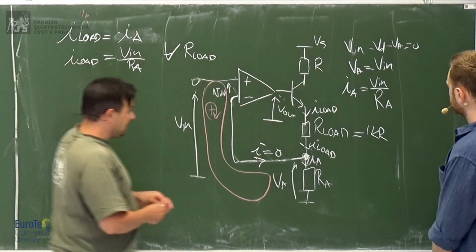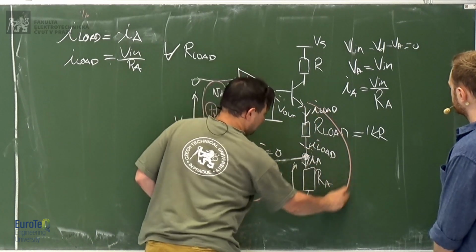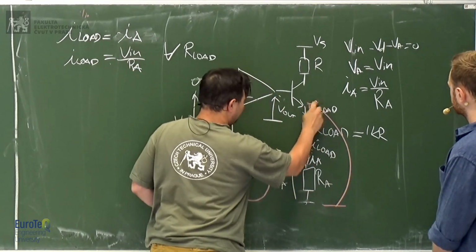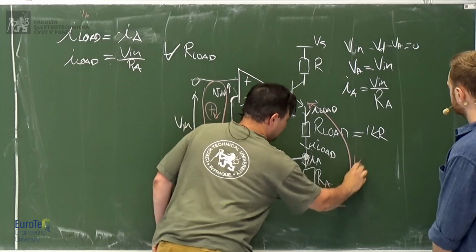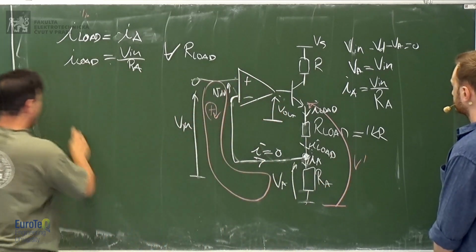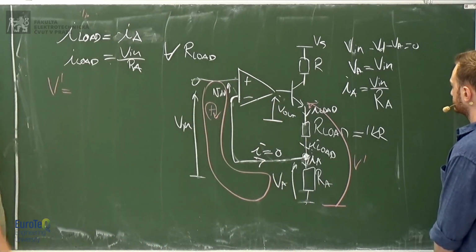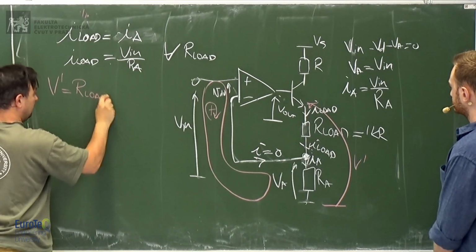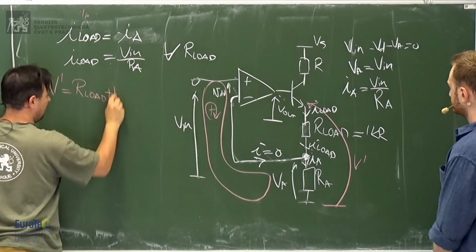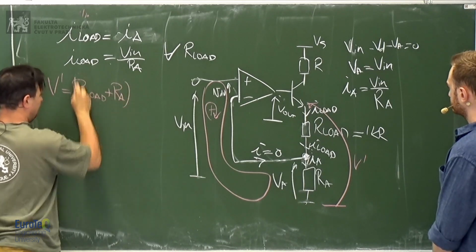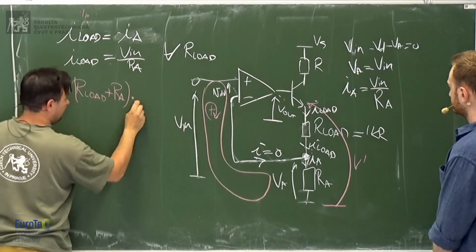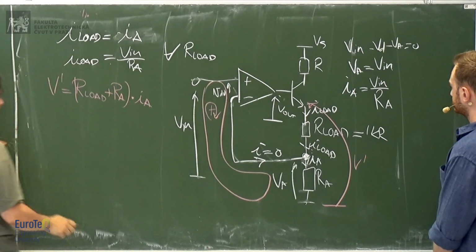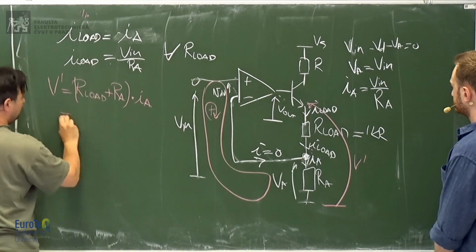In fact, you can calculate the voltage here, let's call it V prime. V prime will be R load plus RA times IA.